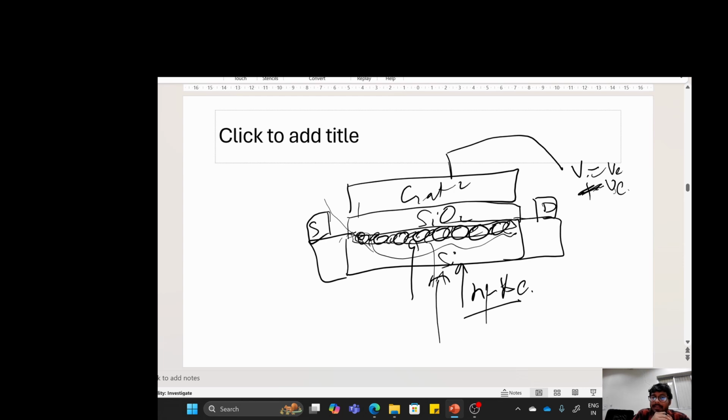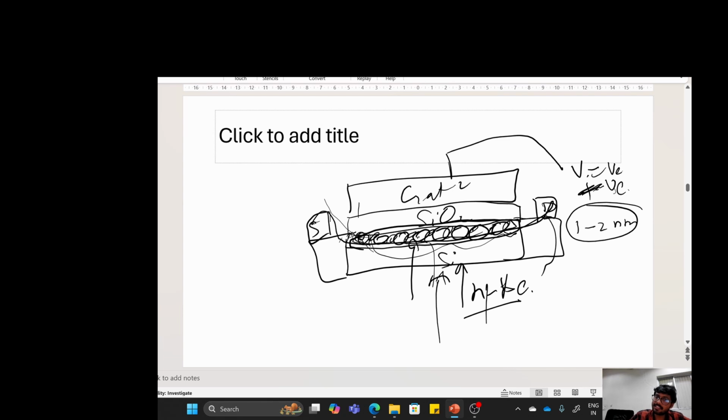That will be near the 1 to 2 nanometer only. The current flows through that thickness, 1 to 2 nanometer only, as we apply the source drain voltage VDS. Got the point?